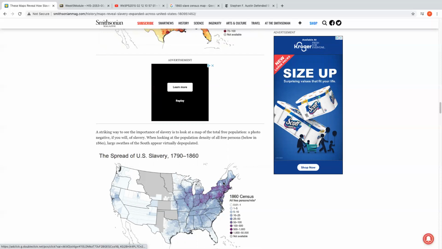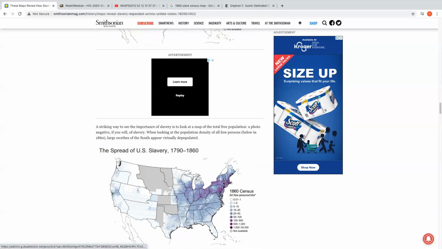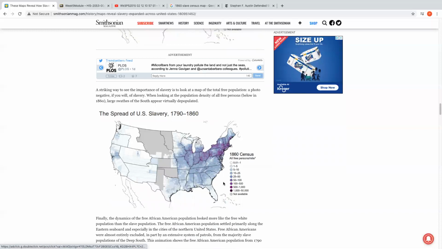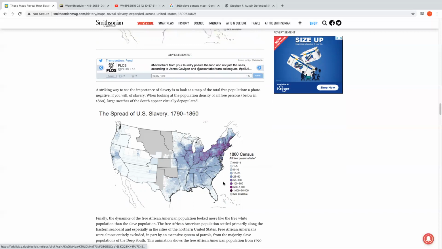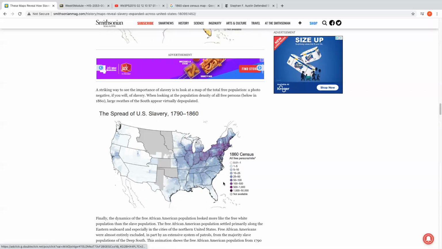So again, what I want to stress here is that Texas becomes the southwestern edge of slavery, beginning in the 1820s and going all the way to the Civil War. And when I'm talking about Texas, I'm talking about the area basically east of Austin and San Antonio, because you can't grow cotton west of Austin or San Antonio; there's just not enough rain.